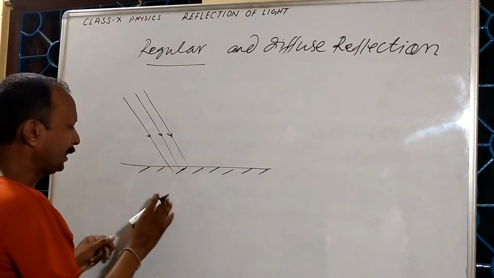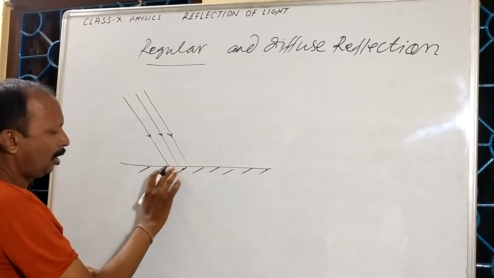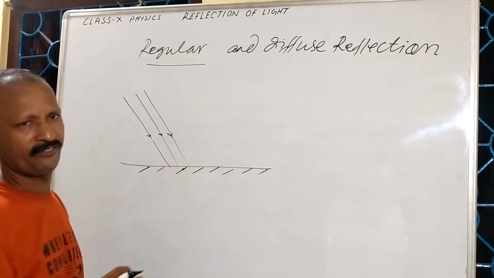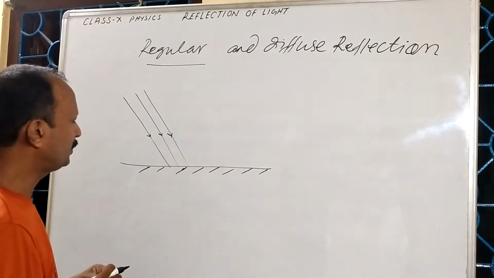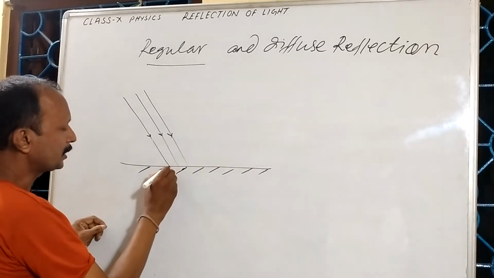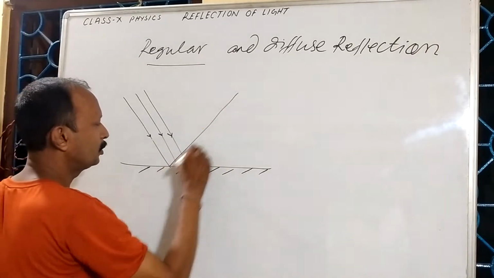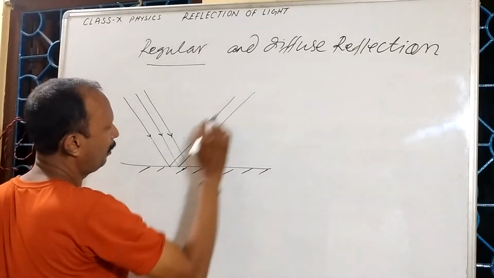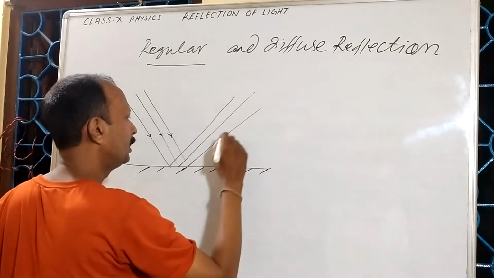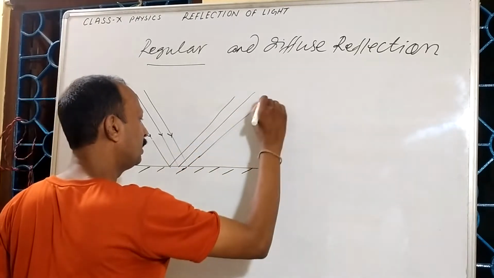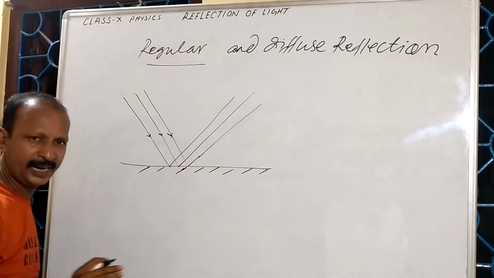Now they are incident on the smooth surface. After incidence, they are reflecting. That means they are going back into the same medium.